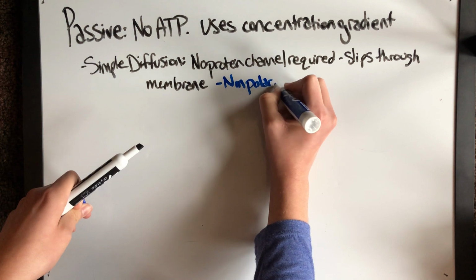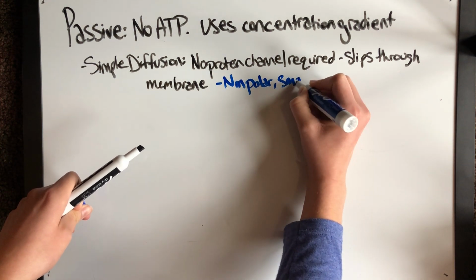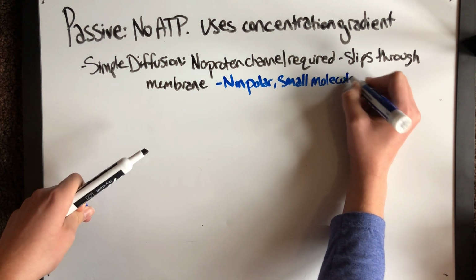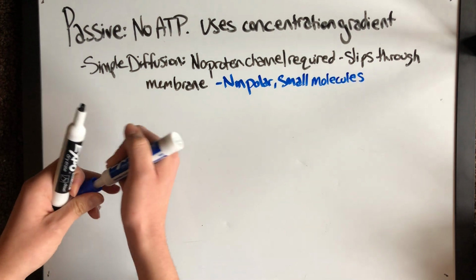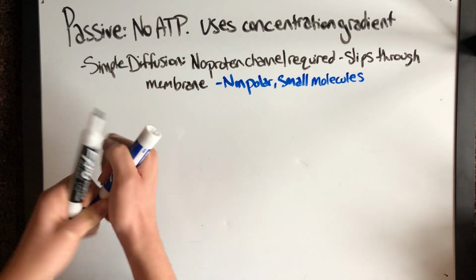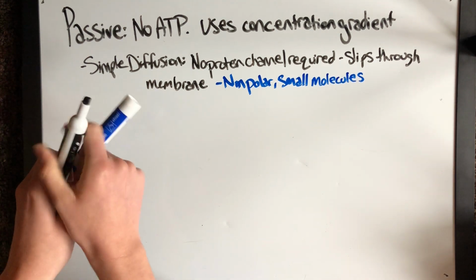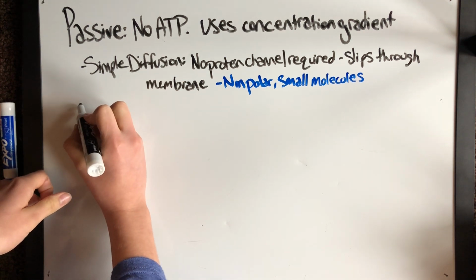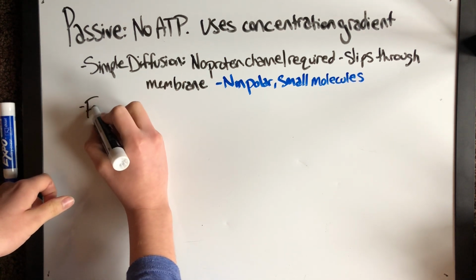Nonpolar, small molecules. They're small enough and they're not charged. They're not going to interact with those lipids in the membrane. They can just slip right through. And then facilitated diffusion is our other type of passive.